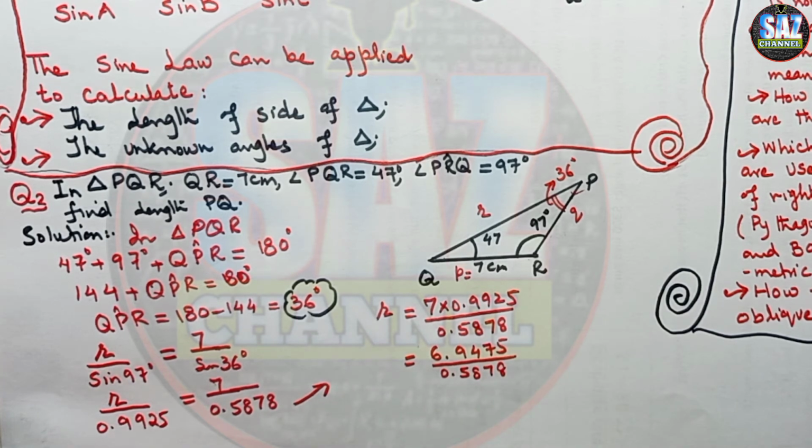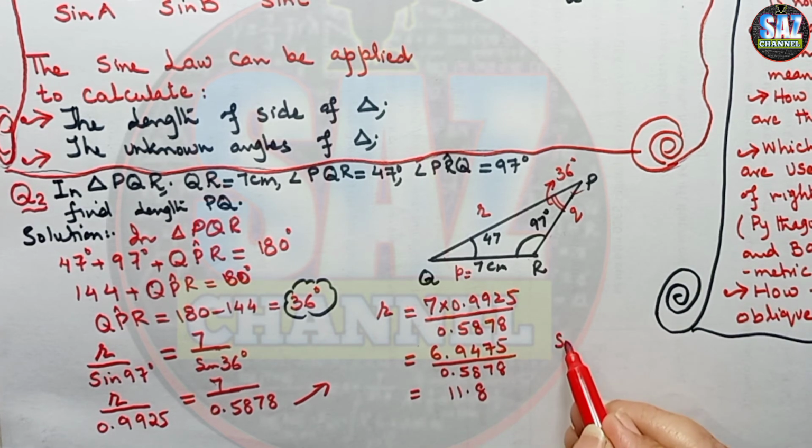Then I divide this by 0.5878, and this gives me 11.819. I have to give my answer to three significant figures, so 11.8.